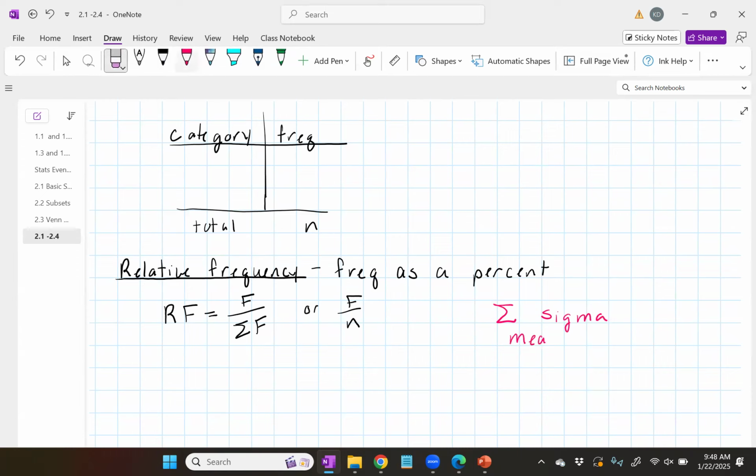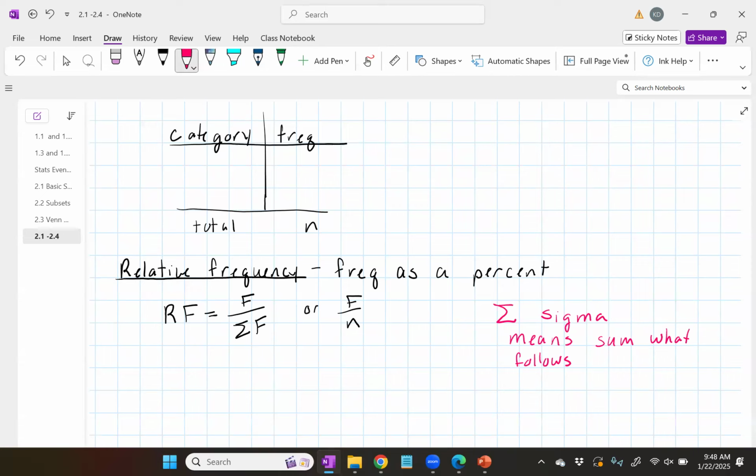So your sigma is going to pop up a lot in this class. We like our Greek letters. So sigma just means sum up what happens after. So if I say sum f, sum the frequency, add up how many counts we have, how many tally marks, what have you.